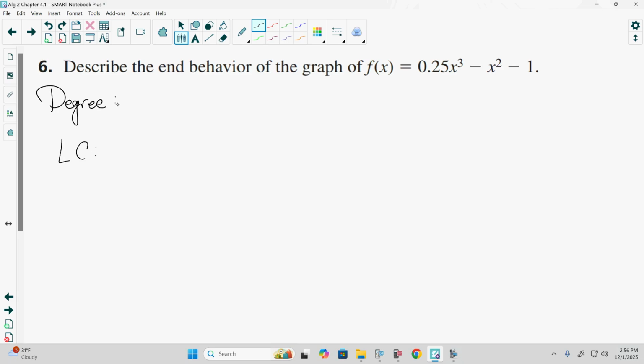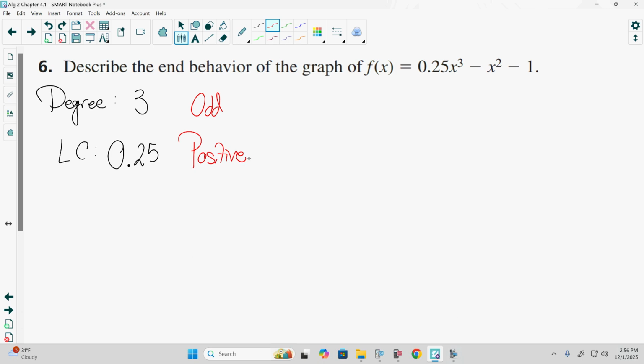Degree and leading coefficient. What's our degree? 3. Leading coefficient? 0.25. So for us here, the degree is odd, and the leading coefficient is positive.